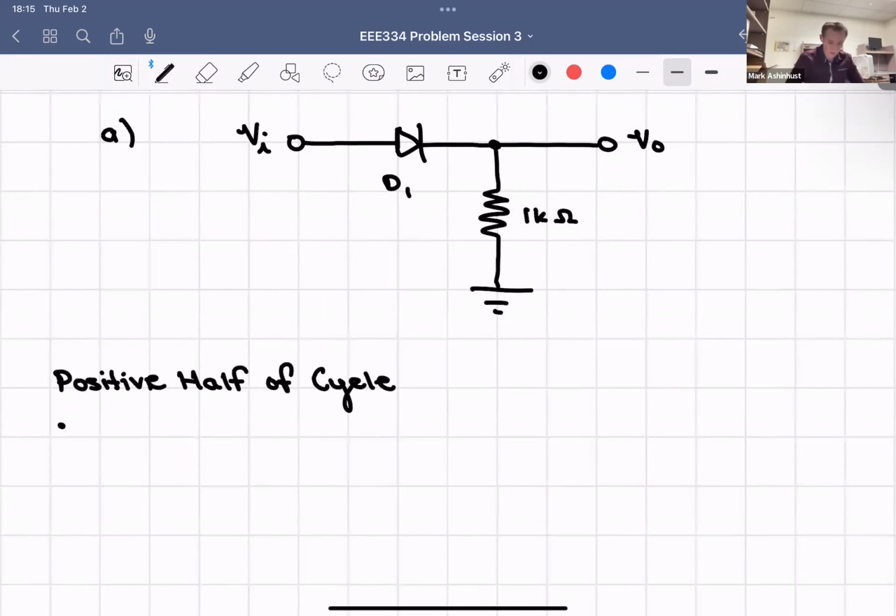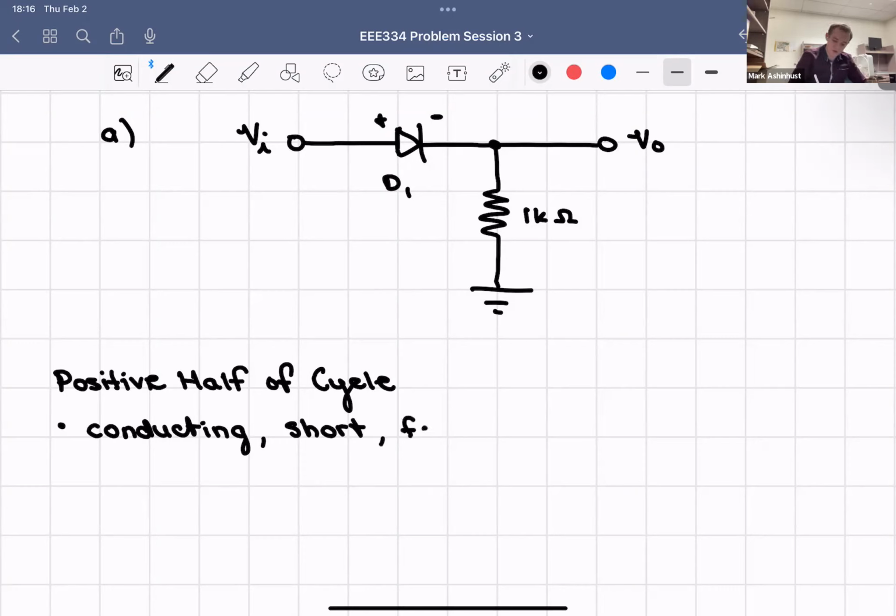Then we want to define what's happening in that positive half of the cycle. It'll be positive, so this diode D1 has the positive voltage applied to the anode. That means the diode's going to conduct, so it'll act as a short and allow current to pass.